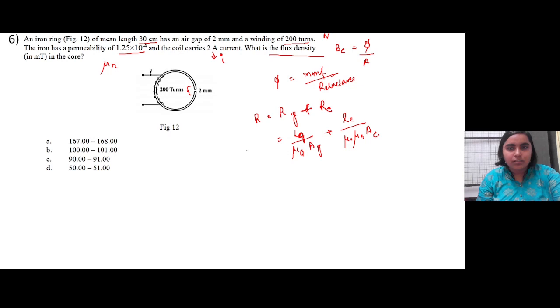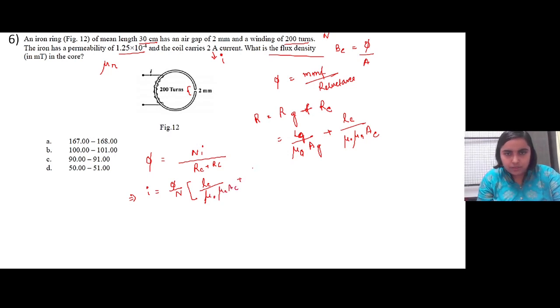Since we have to calculate the flux density anyway, let us rearrange the equation first and then start writing. So phi equals N i by Rc plus Rg. If you simply go to the relation in terms of I, so I is equal to phi by N times Rc and Rg, that is Lc by mu naught mu r Ac plus Lg by mu naught Ag.